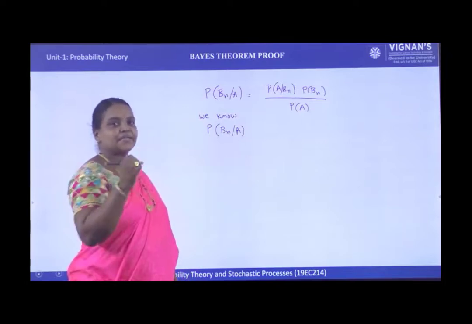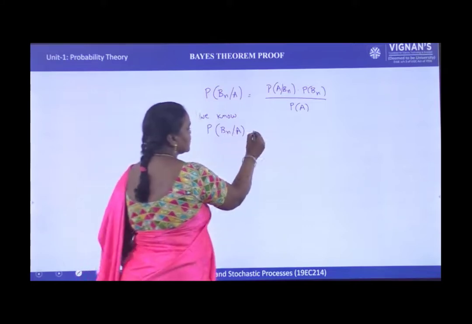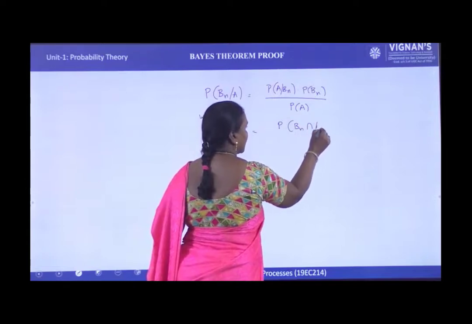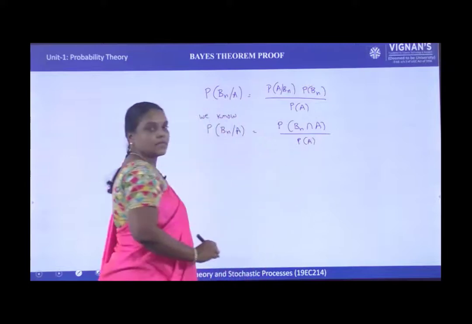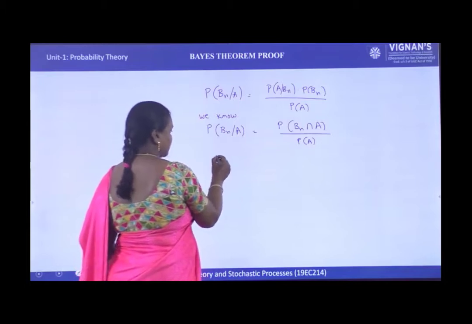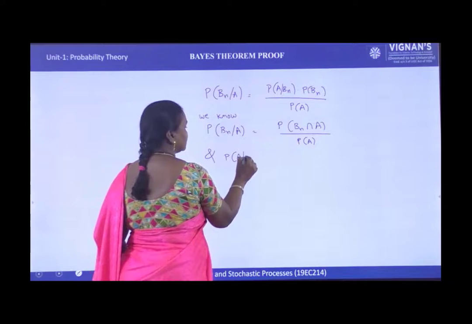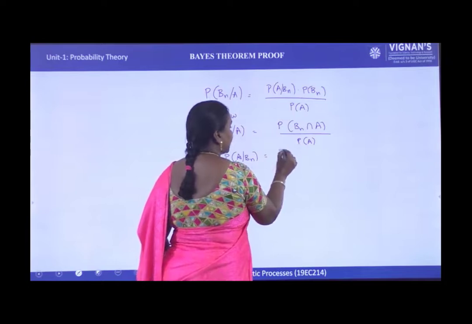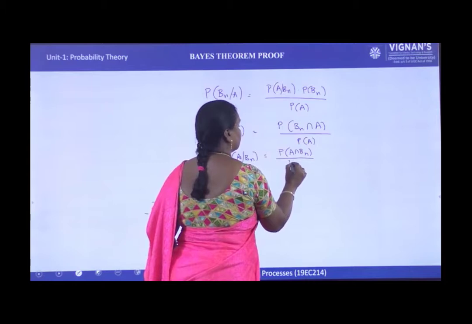It is P of A intersection B by P of B. Similarly here, P of Bn by A means P of Bn intersection A by P of A. And how can I write P of Bn intersection A? What is P of A by Bn? It is P of A intersection Bn by P of Bn.